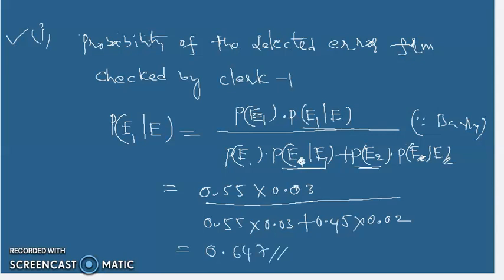Okay, so what this states is that the probability that the selected error form was checked by clerk 1 is 0.647.